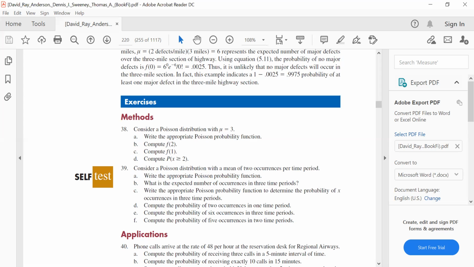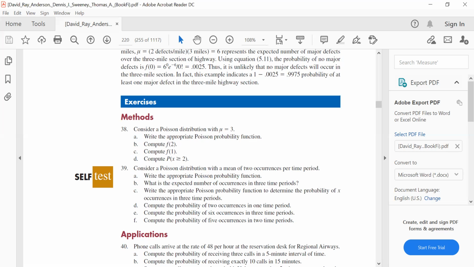That means our mu becomes 4, and we are going to compute f of 5. f of 5 is equal to 4 power 5 e power minus 4 divided by 5 factorial, that is equal to 0.1563.